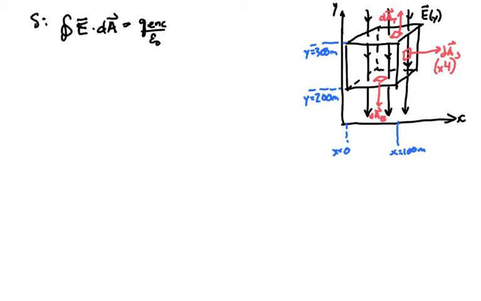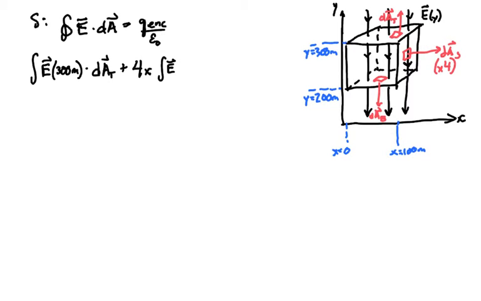So for our cube, we have 6 sides. We will have 6 surface integrals to do. So let's break those out. We can start going from top to bottom. We have our integral of the electric field at 300 meters, dotted with our top differential area vector, plus 4 times the integral of our electric field.